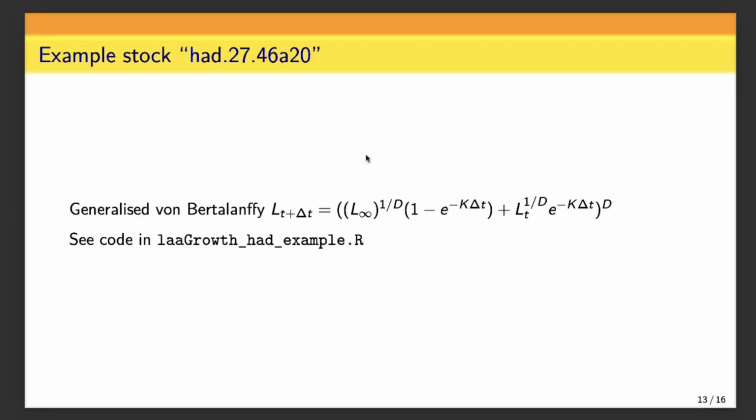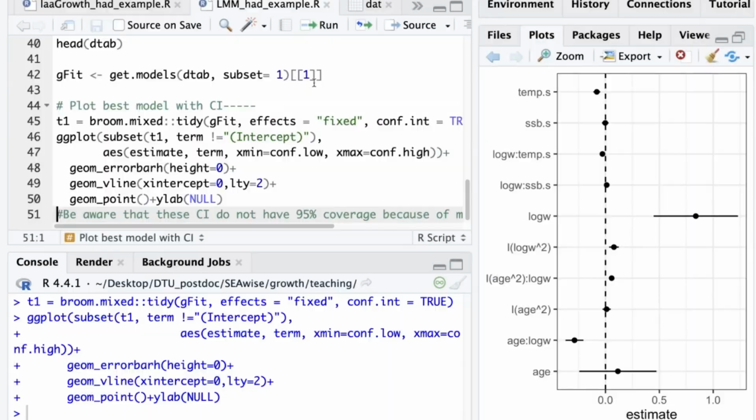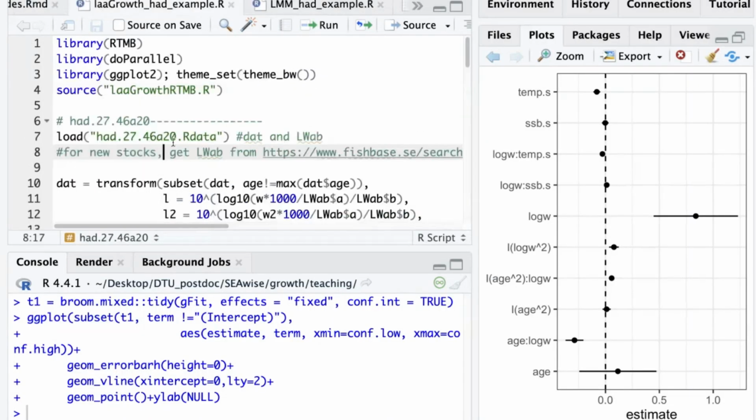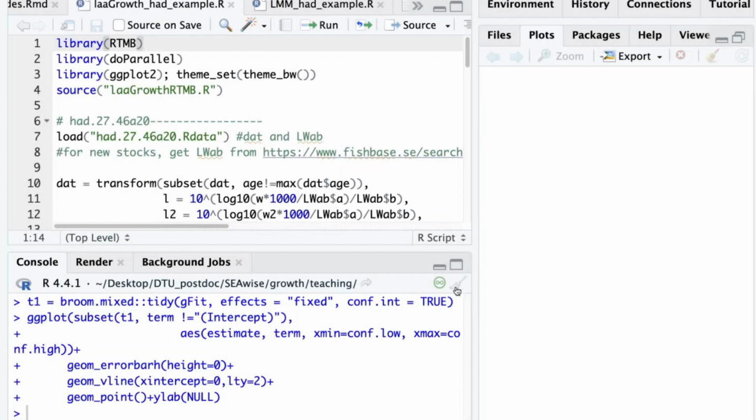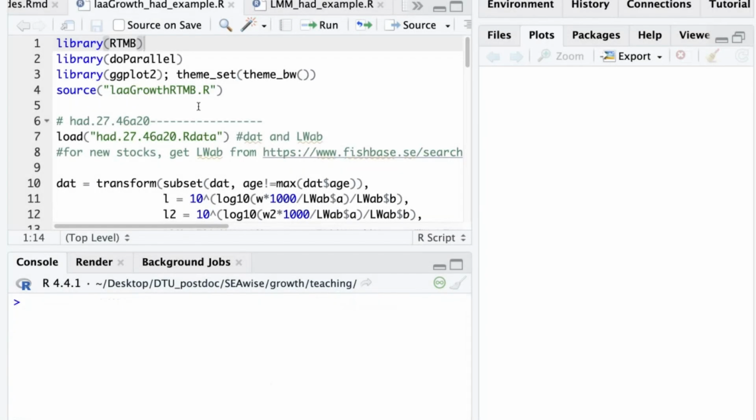Okay, so I'll show you an example of the same stock, haddock. So here, this is the code called LAA growth had example, that stands for length at age growth. And I wrote a package using the package RTMB, which makes it really easy to write new packages. Well, actually, technically, I didn't make it a package yet. It's just a collection of functions.